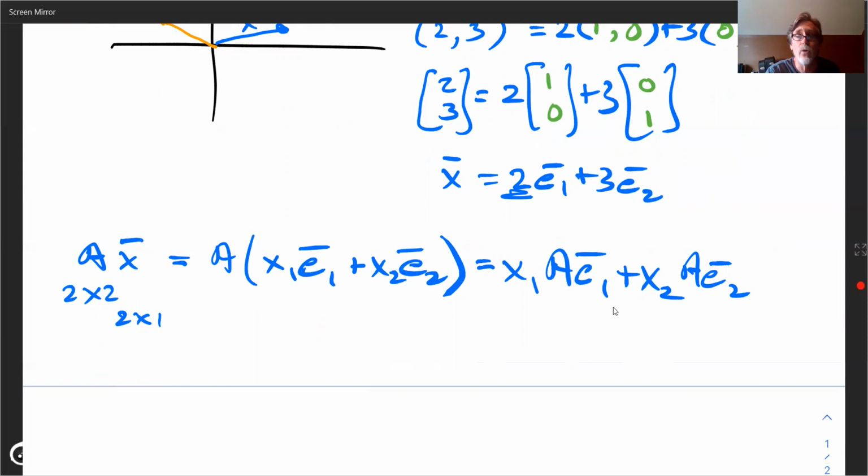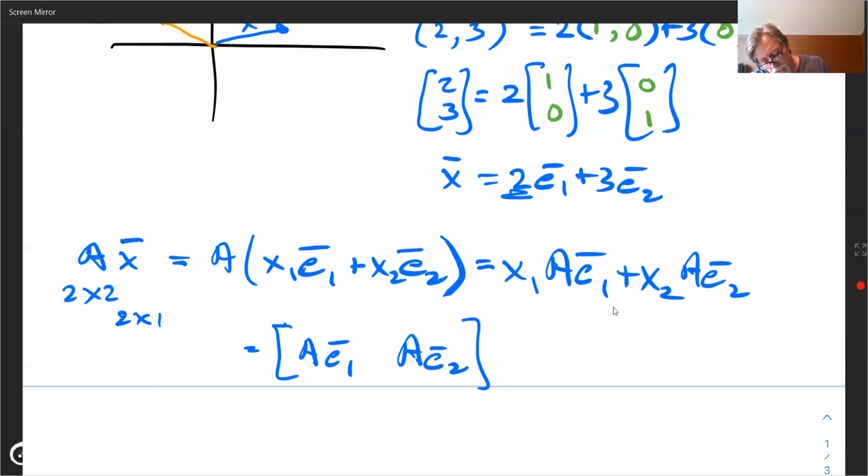Okay? All right, so what? So this is the same thing as multiplying this matrix, which is AE1, AE2, times x, x1 and x2.